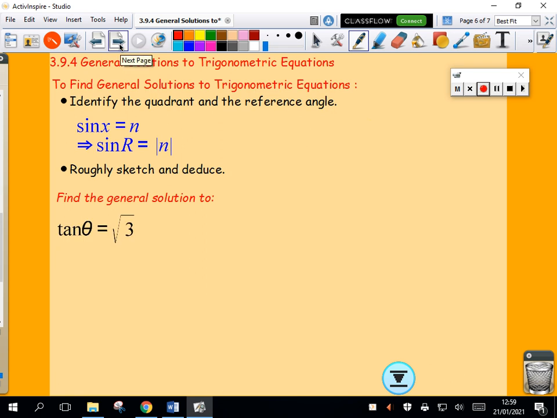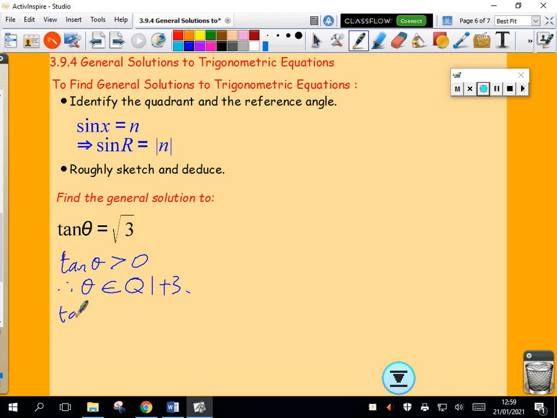For tan, we've got tan of theta is equal to root 3. I want to find the general solution. Again, what are we looking for? We're looking for the quadrant. Tan of theta is positive. Therefore, theta belongs in quadrants. Well, tan is positive in quadrant 1, and tan is positive in quadrant 3.